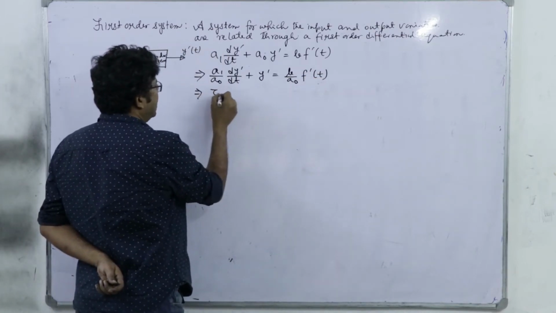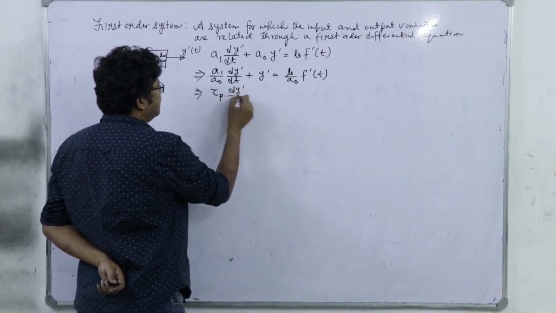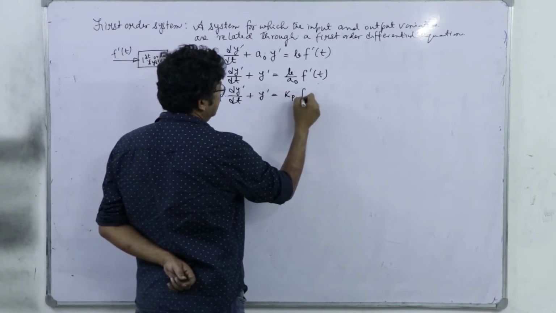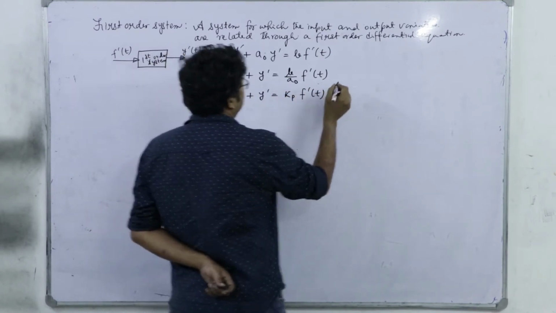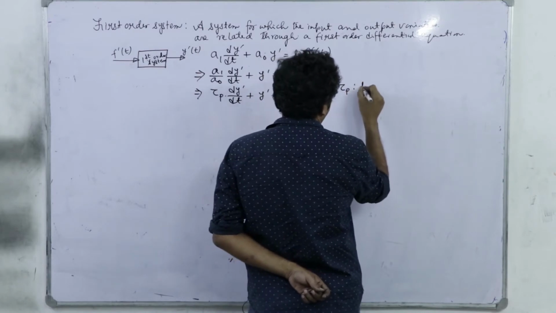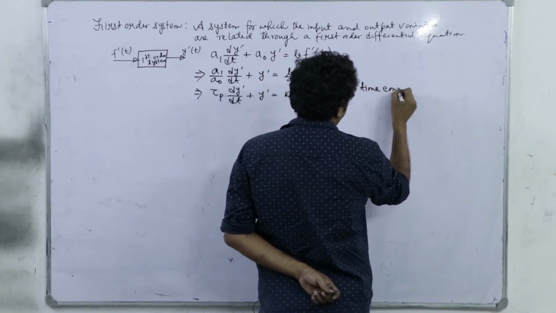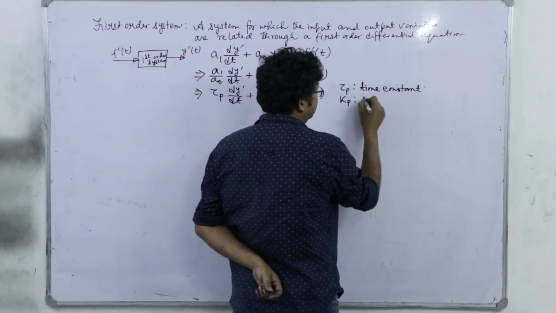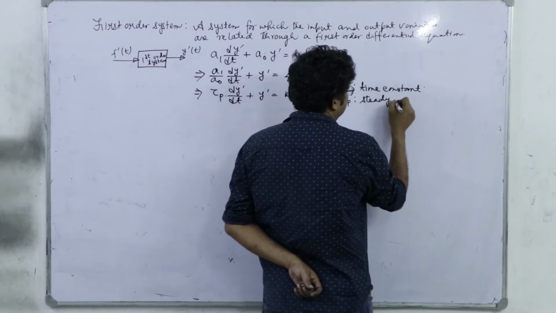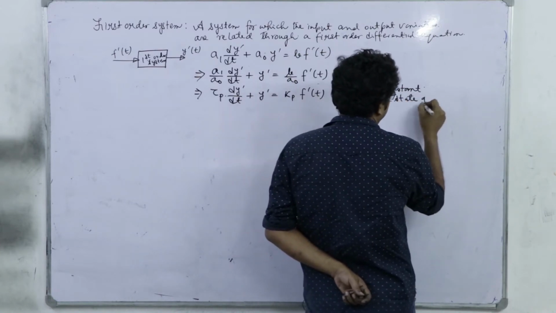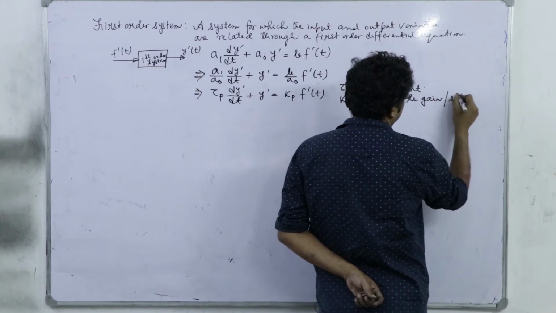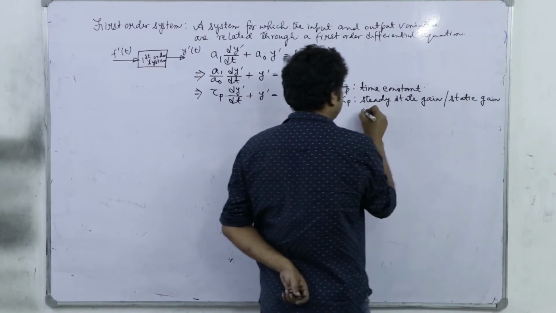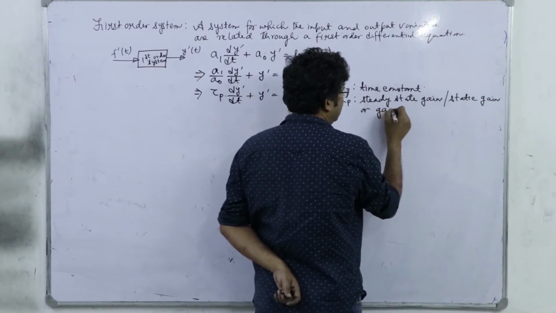So we call this constant tau p, which is technically known as time constant. We will try to understand the physical interpretation later. So tau p is time constant, Kp is called the steady state gain, static gain, or gain of the system.